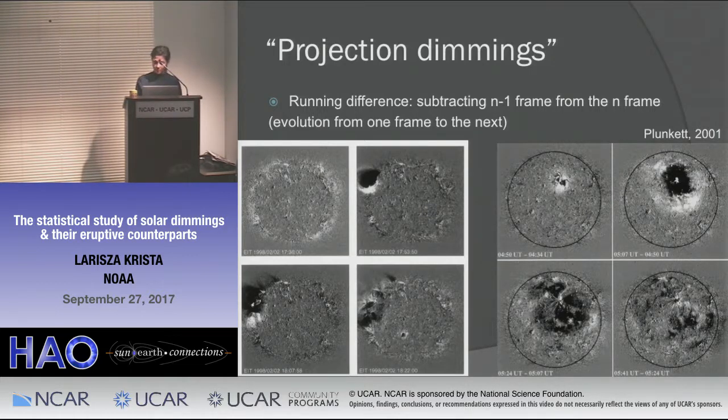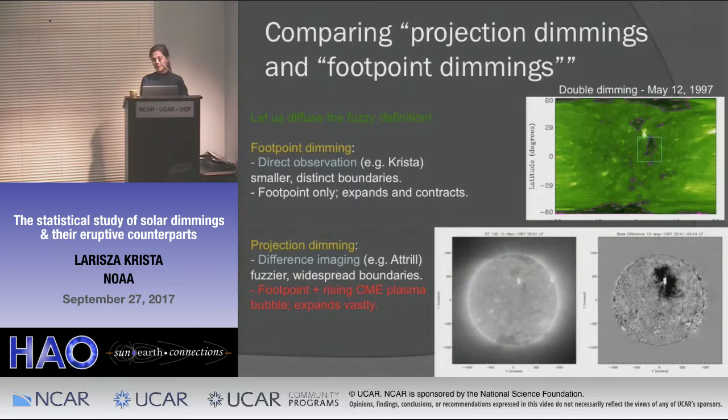And I'm sure that there is some relationship, but it's important to note that we're not just looking at footpoints here. So the harder way to go around this problem is to look at dimmings directly. This is quite a tricky thing to do, because often they are faint. Here is an example of a direct detection of the famous double dimming of 1997.